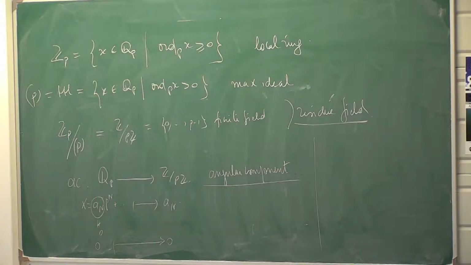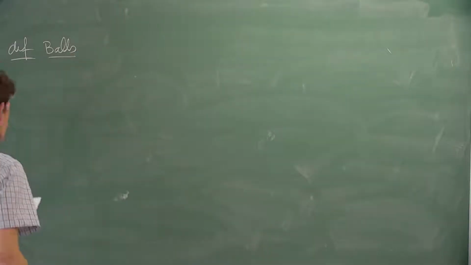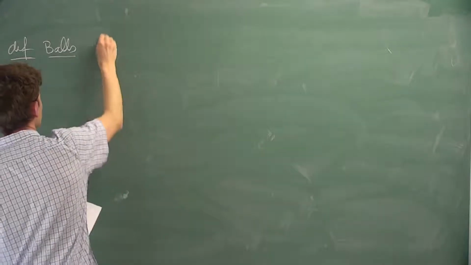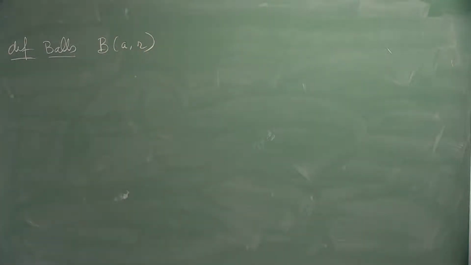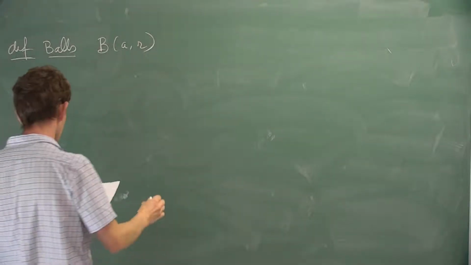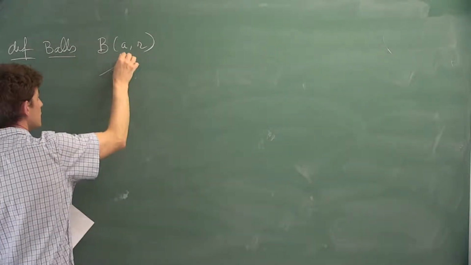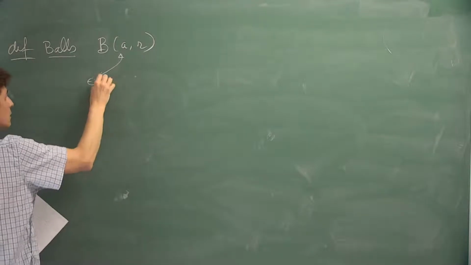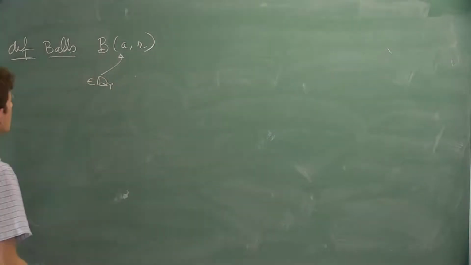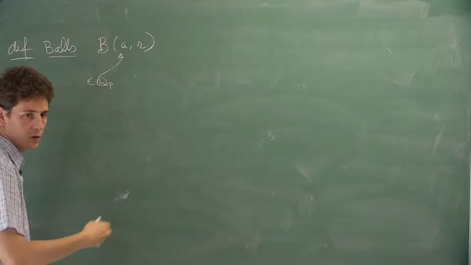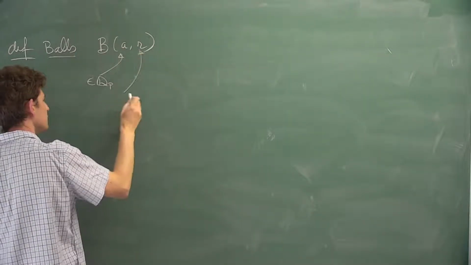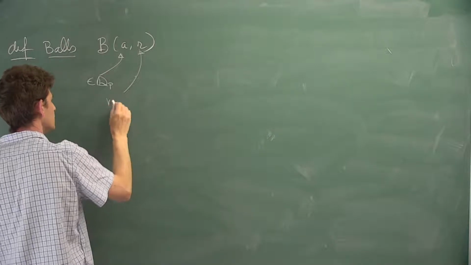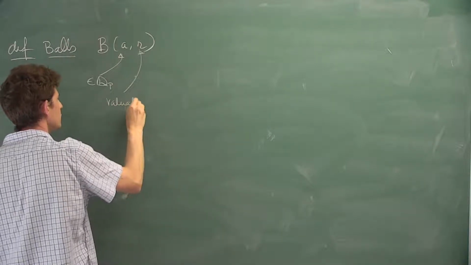So definition. In the following talks, I will always denote by B(a, r), where a is an element of Q_p, or maybe later on Q_p^d, and this r here is an integer. And this will be the valuative radius.